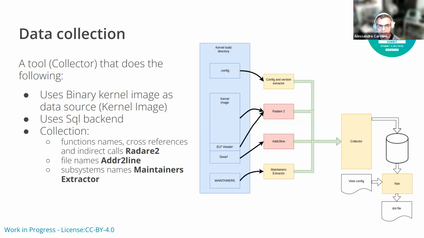Finally, in the yellow blocks, we present the tool components that we realized. The config extractor recovers binary metadata like version and configuration. The maintainers extractor produces the association between source code files and subsystem name. The collector extracts data from the image and places it in the database. And the navigator component is in charge of reading the database and producing diagrams.